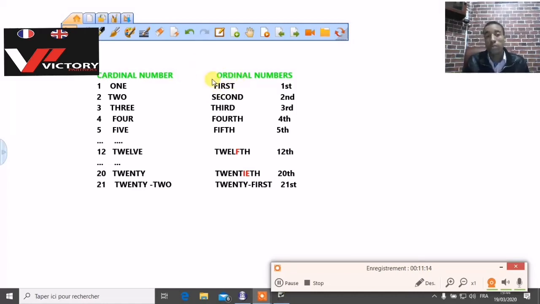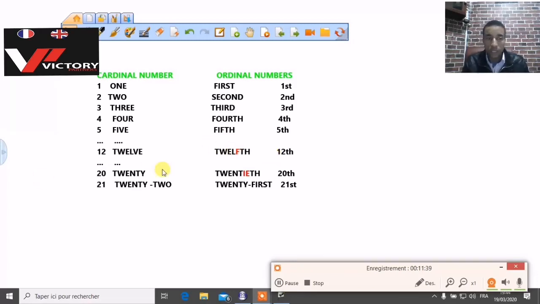For ordinal numbers, we use them to put things in order or to classify different things. For example, if I am number 1 in the class, I say I am the first, or the second, or the third, the fourth, the fifth, the 12th.